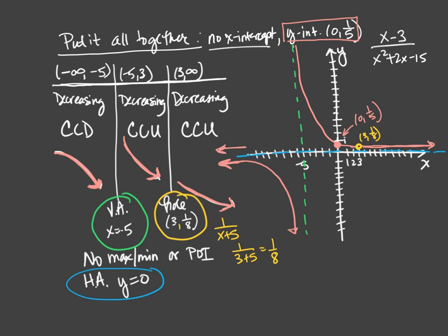But since I had to go down toward the vertical asymptote, that tells me that I'm on this side. The other way to tell is plug in. What is f of, let's say, -10? Well, that's going to be 1 over -5, so that would be somewhere down there. So it's going to be below the horizontal asymptote and then going downward and curve downward past there to the vertical asymptote.